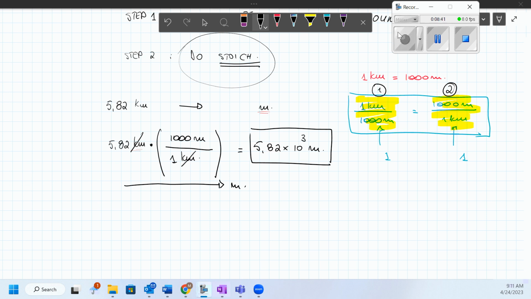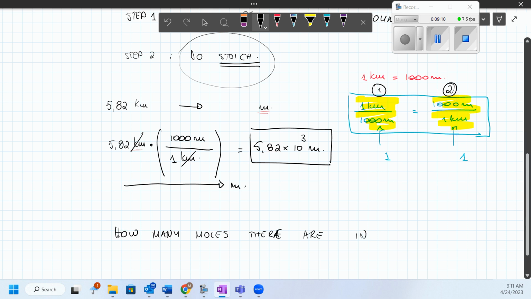Let's suppose now that we are finding how many moles there are in 4.82 grams of sodium sulfate.